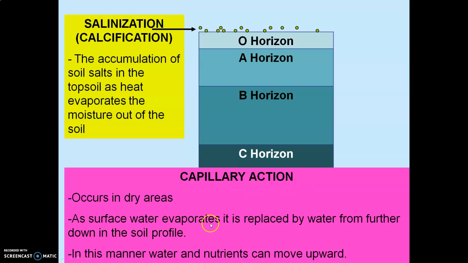So as surface water evaporates, it is replaced by water from further down in the soil profile. So when this part gets dry, water from here and minerals from there move up. When this part gets dry, water and minerals might move up from here to here and then to here. So in this manner, water and nutrients can move upward. So the upward movement of water and minerals is called capillary action.